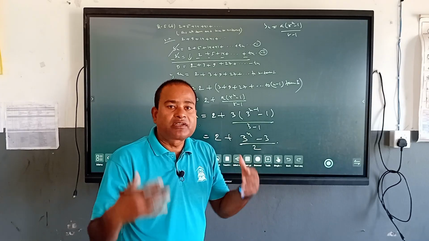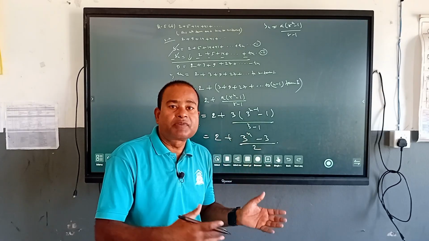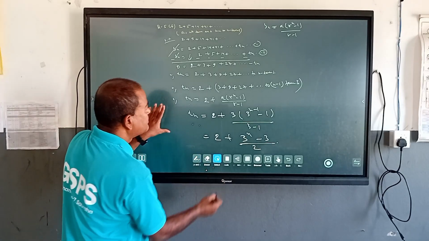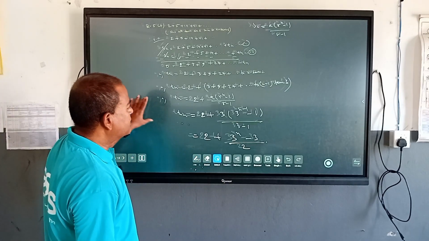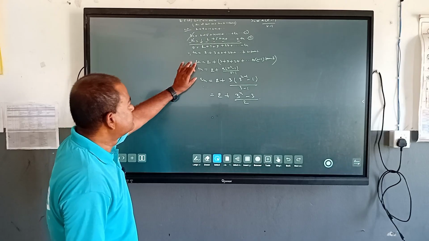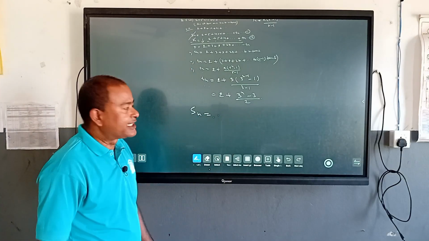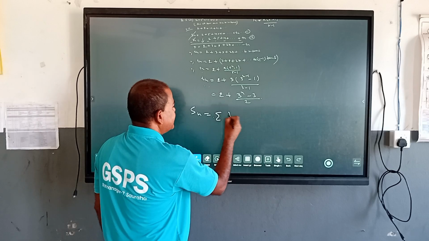Now next let's find out Sn, that means the sum of the first n terms of the series. Sn means summation Tn.